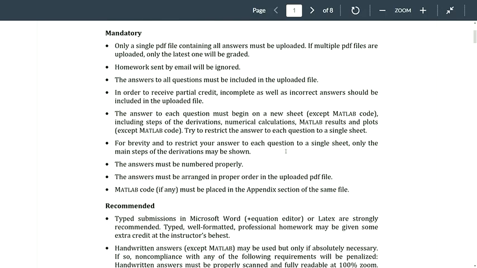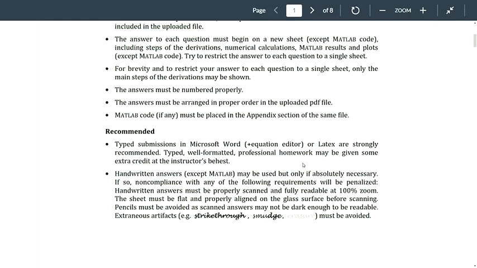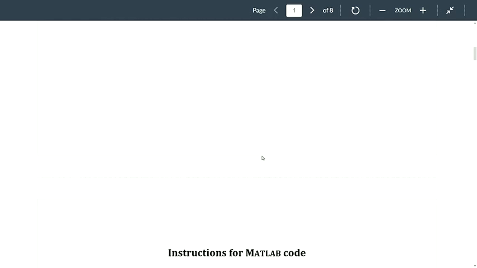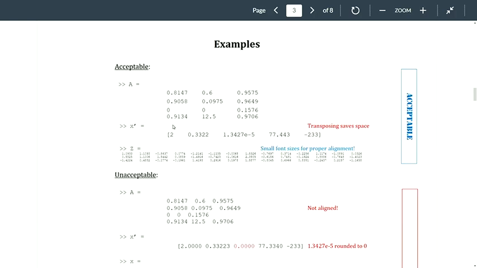I strongly suggest that you use Microsoft Word or LaTeX instead of handwritten homework. It'll be easy for you to do so. Anyway, you can go through all of these, and this is an acceptable presentation of the results.